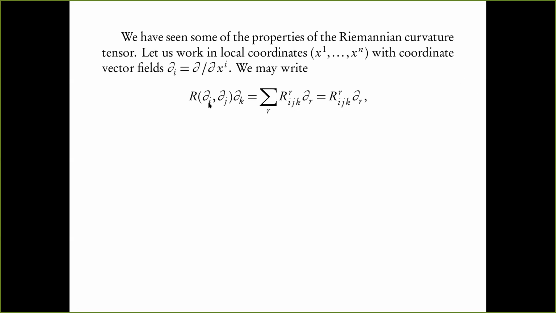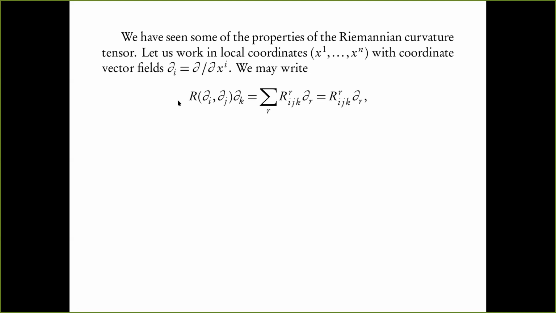So remember, you can calculate R of del i, del j. What is R of del i, del j? That is itself an operation which acts on a vector field and gives you a vector field. So R of del i, del j acting on del k is going to be another vector field, correct? And because it's a vector field in this local patch, any vector field of this form can be expressed in terms of function combinations of d by dxj's or del j's.